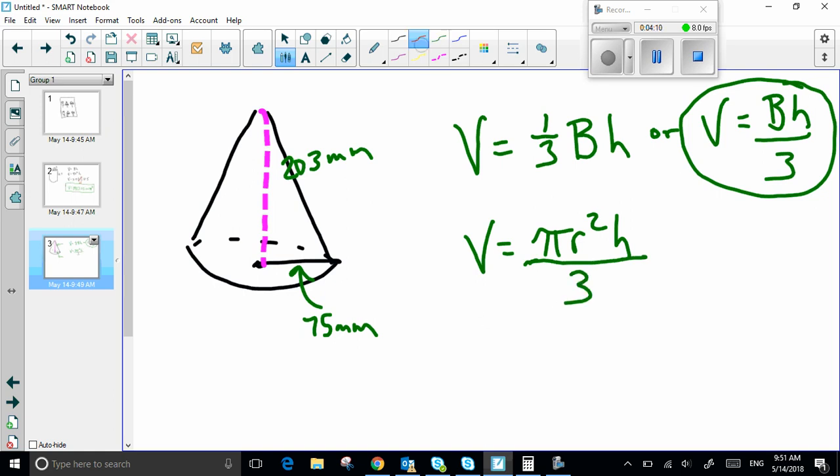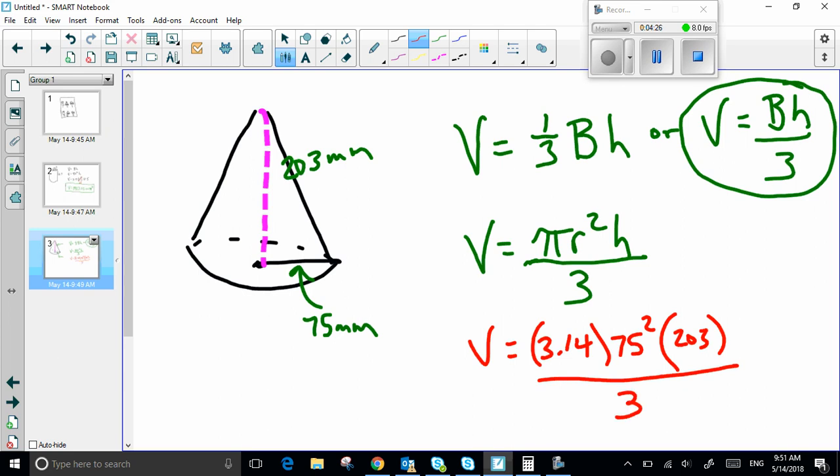For this problem, the volume is equal to 3.14, and then we take 75 and square that, then multiply times 203, and then divide all of that by 3.